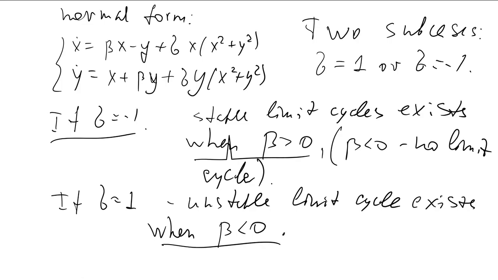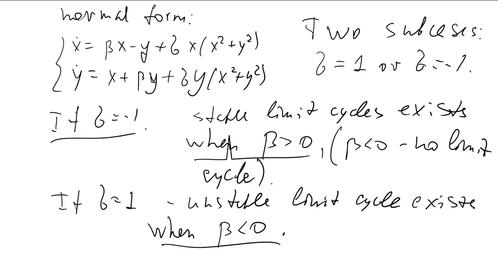So we have two subcases, two kinds of Hopf bifurcation, and they are like this for pitchfork. It's called subcritical and supercritical Hopf bifurcation. For supercritical Hopf bifurcation, we get a stable limit cycle.